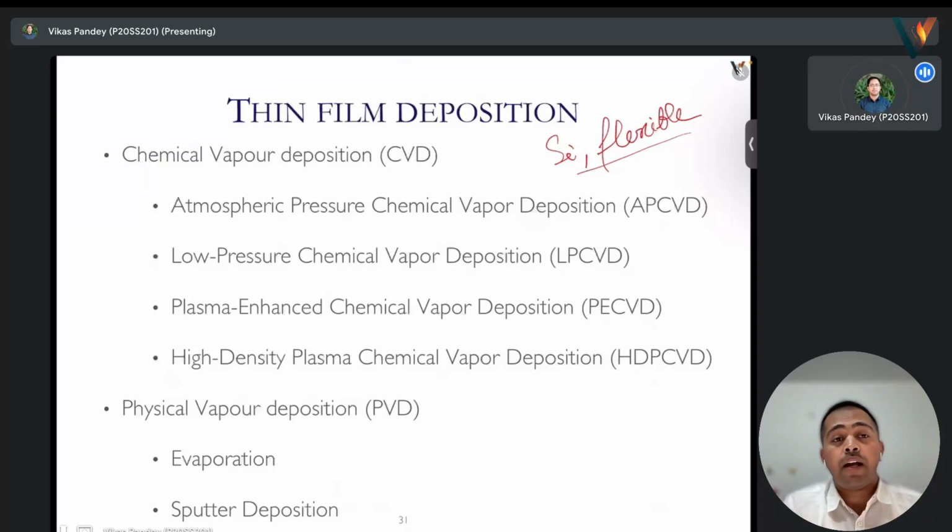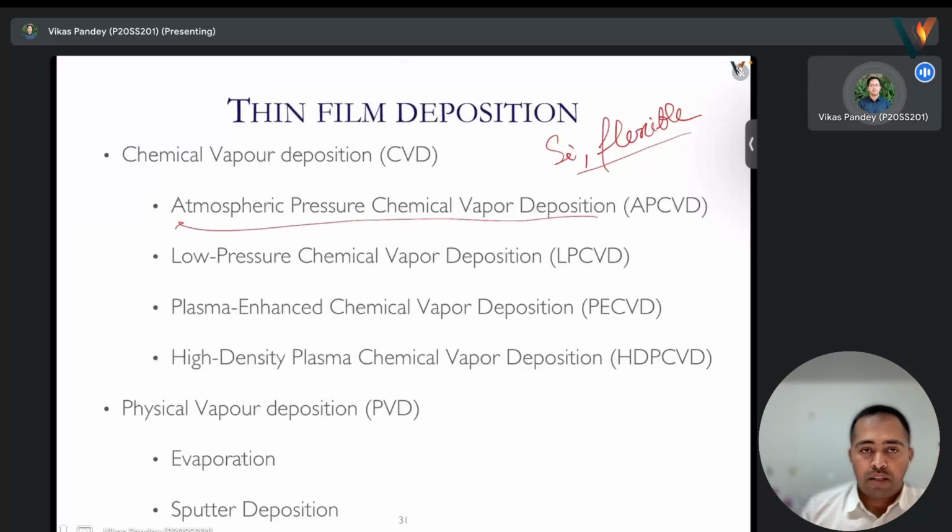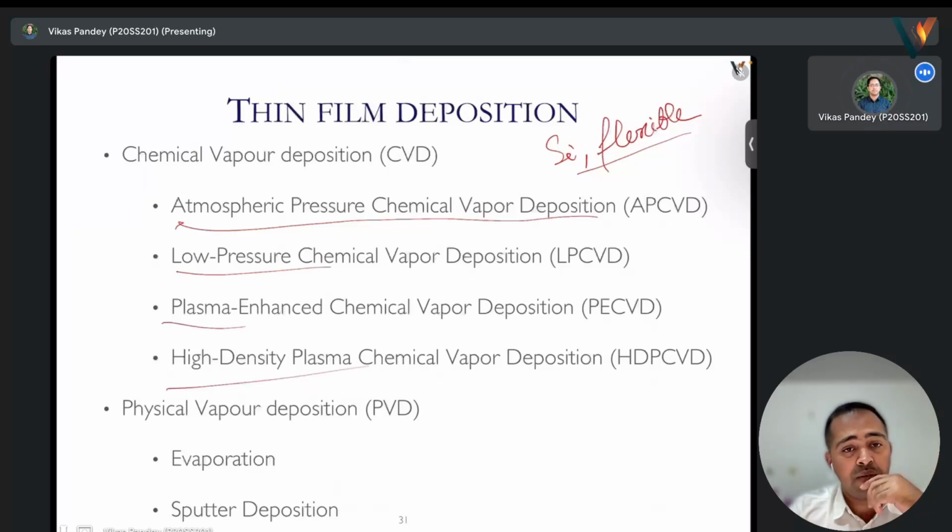Then there are two categories of thin film deposition. One is chemical vapor deposition, that includes atmospheric pressure chemical vapor deposition, low pressure chemical vapor deposition, plasma enhanced chemical vapor deposition, high density plasma enhanced chemical vapor deposition, and the other is physical vapor deposition, that is evaporation or sputtering.